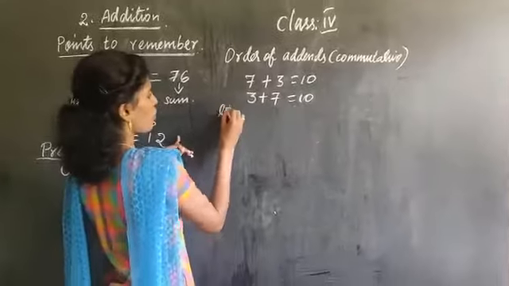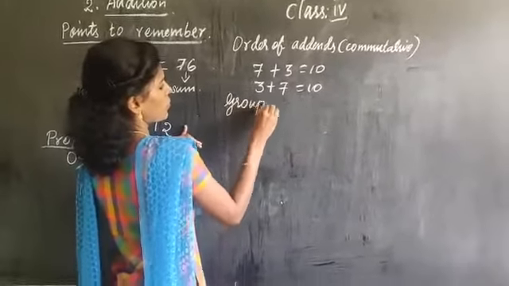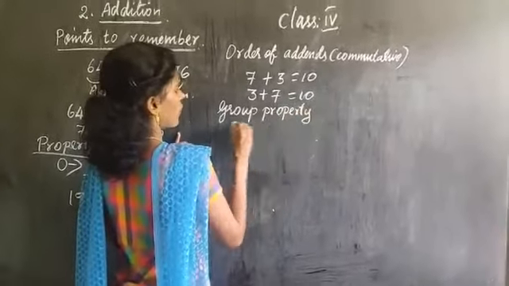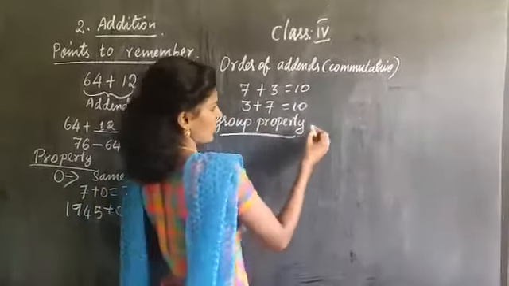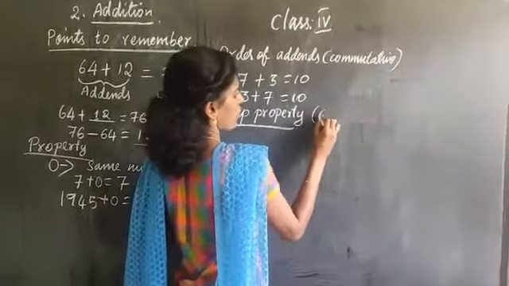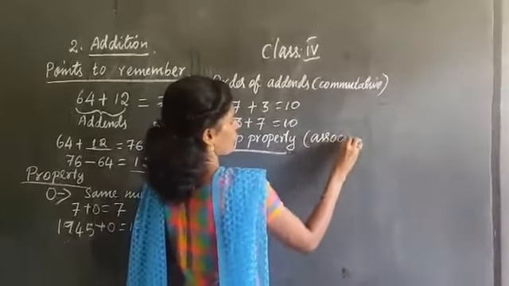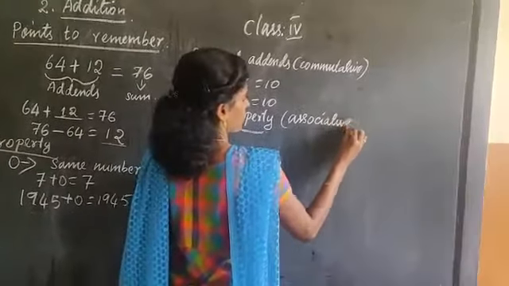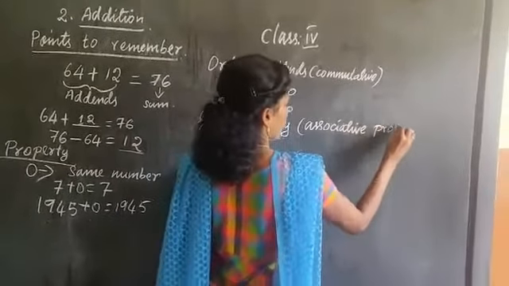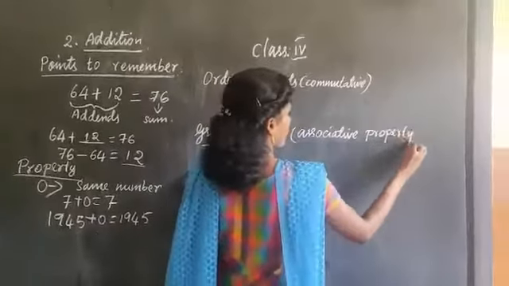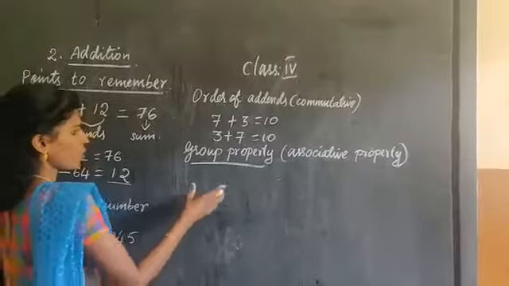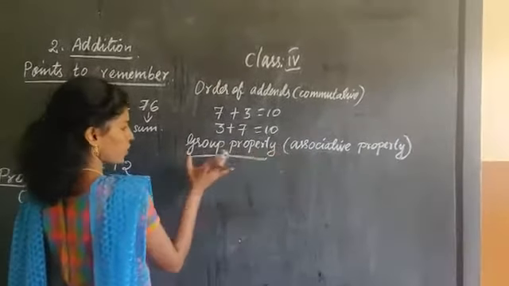Next one is the group property. This you learned last year as associative property. Associative means group only.